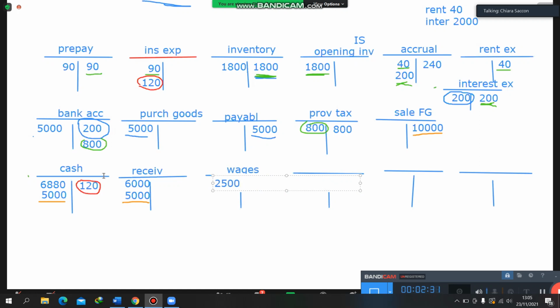And then the bank account here, less 2,500 on the side. So that transaction is that one with the arrow here. The payment of wages to employees expense and less money in the bank account.